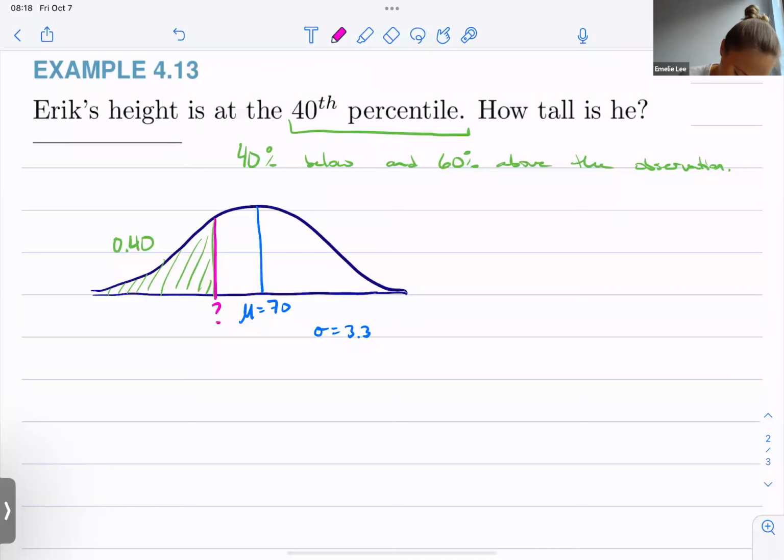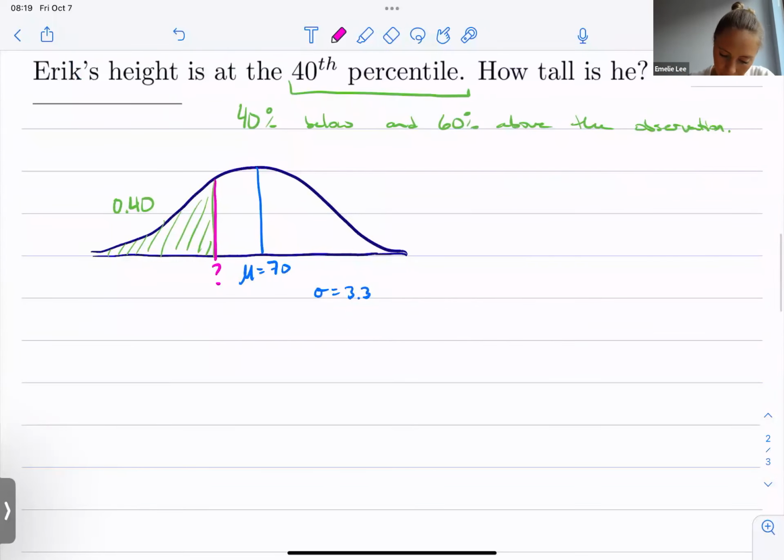Here is the value that I'm looking for. I like to use little question marks to show myself where I'm heading. Then I need to remember that if I have a probability, I need to trace it back to a z-score, and then I can solve for x. So let's see here.